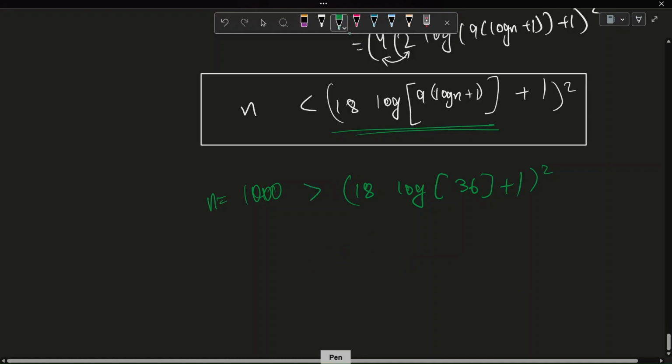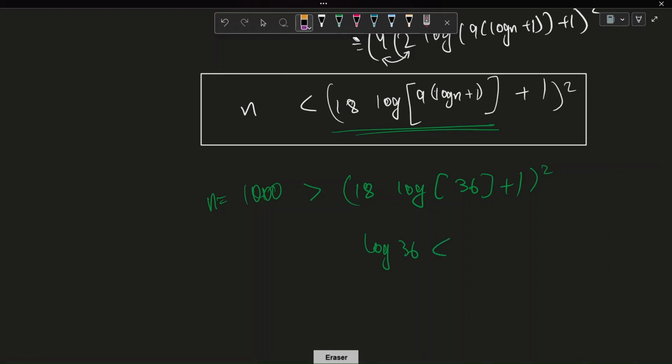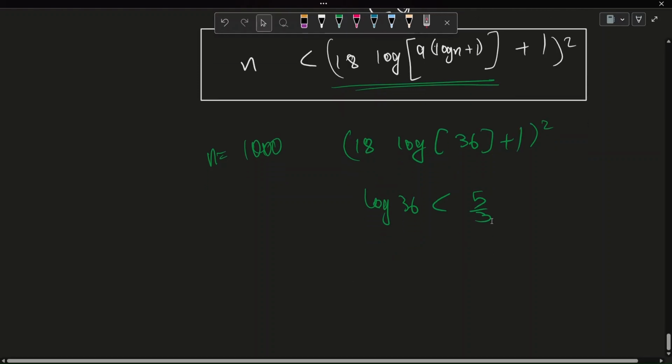Sorry, this inequality holds because basically we showed that log of 36 is less than 5 by 3. This is what I had claimed.